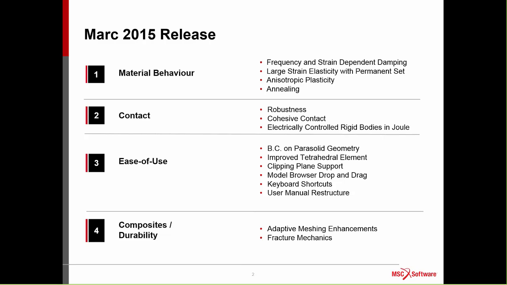So let me give you first a brief overview of what's in Marc 2015. We always try to talk about certain themes of the release, and the release themes include material behavior, particularly this release on rubber or rubber-like materials, but also some metal plasticity as well, contact advancements, ease of use advancements, and some advancements in the area of durability, which really involves basically fracture mechanics and adaptive meshing type technology.